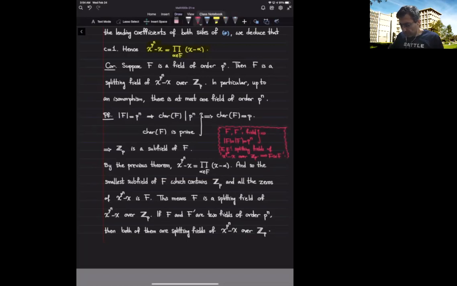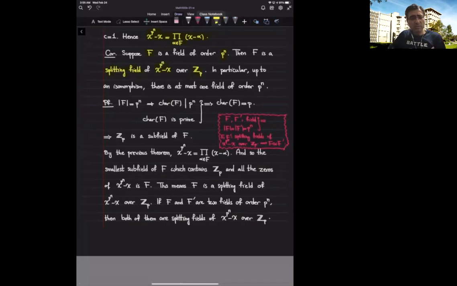That is why it's enough to argue why a finite field of order p^n is a splitting field of the polynomial x^(p^n) - x over Z_p. Okay, so let's see why this is the case. Again, let me emphasize, if F is a finite field of order p^n, then the claim is that it is a splitting field of x^(p^n) - x over the base field Z_p. So the first thing that I have to argue is why it contains Z_p at all.